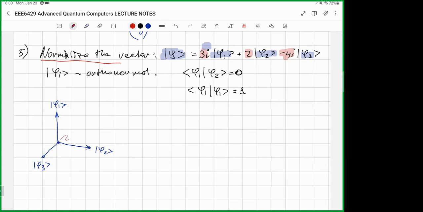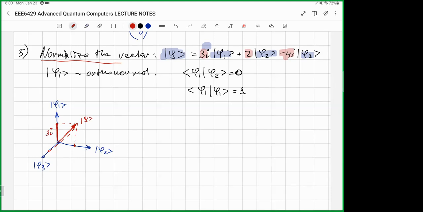And then I have some sort of a state vector, some vector psi, and I'm finding the projections of this vector psi onto these vectors of the basis. And for example, this projection onto the first vector, this phi1, is equal to what? It's equal to 3i.